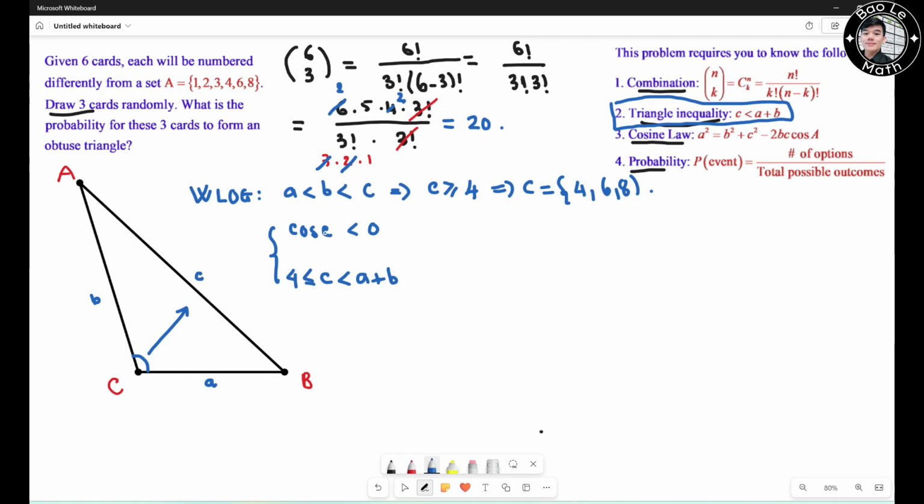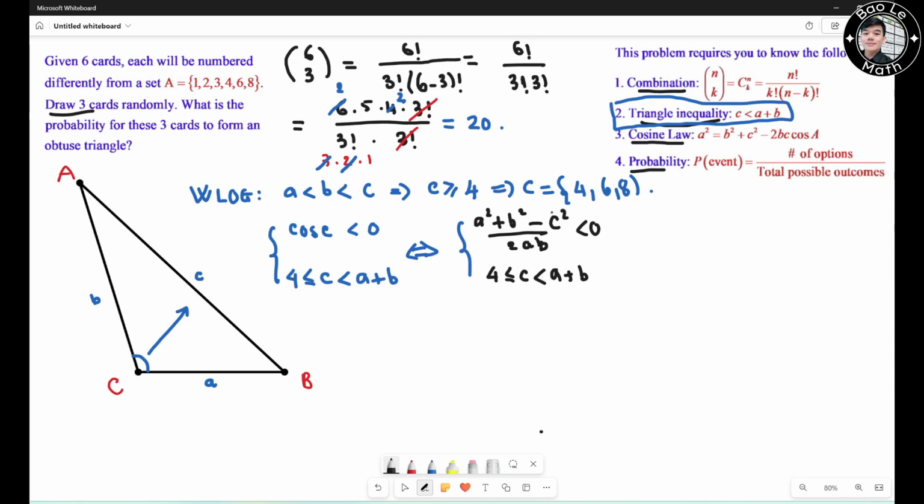Now for cosine of angle C, we're going to use the law of cosines right here. It's going to be equivalent to a squared plus b squared minus c squared over 2ab less than 0, and 4 less than or equal to c less than a plus b.